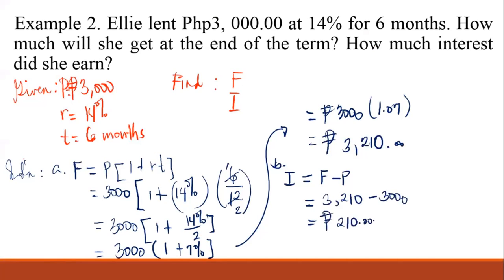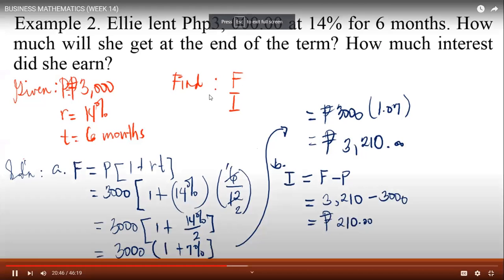Okay? Ayun. So take note that we divided 6 months by 12. Okay? So we divided 6 months by 12 just to convert it into years. Kaya 1/2 year siya. Because the rate is per annum. Okay?